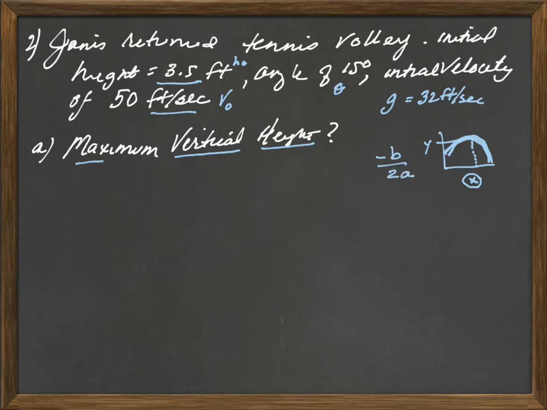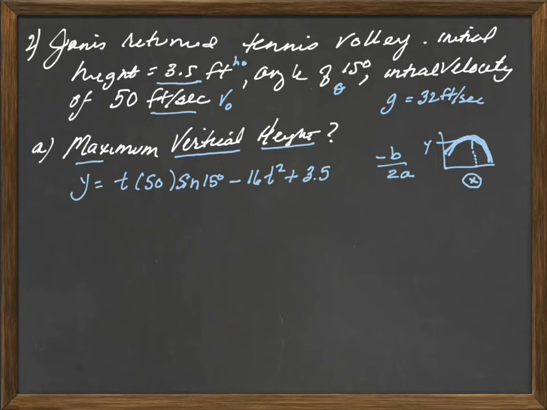So if we write our equation first, we have to do that in order to see what b and 2a are. We have y equals t times v naught, which is 50, times sine of 15 degrees, minus 1/2 g, which is 16, t squared, plus h naught, which is 3.5.